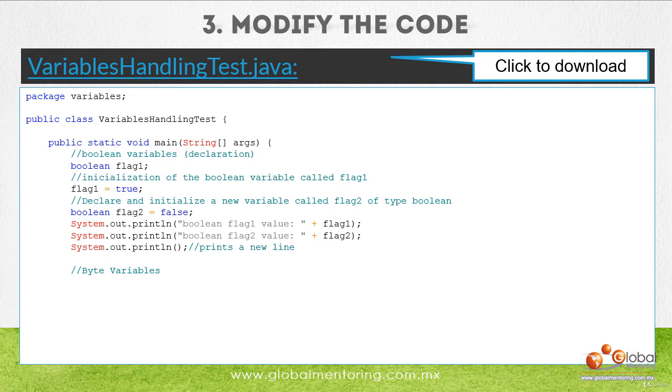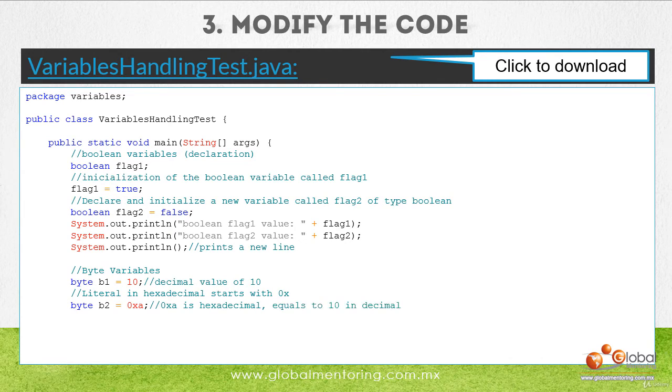Next, we use byte variables. We declare a variable called b1 and assign a value of 10. So we assign the decimal value of 10 to the byte variable b1. Literals in hexadecimal start with 0x. For example, we declare a variable called b2 and assign a value of 0xa, and it's equal to 10 in decimal.